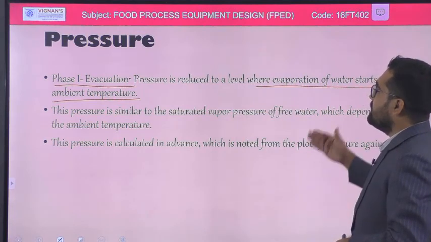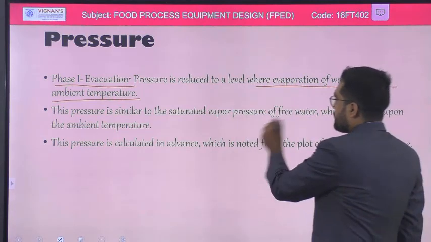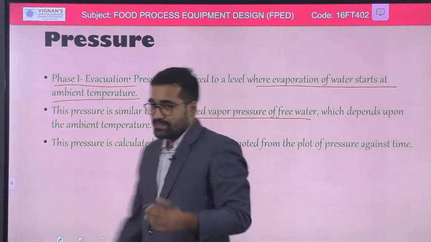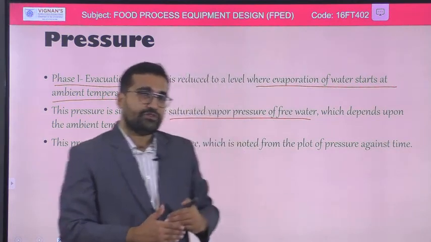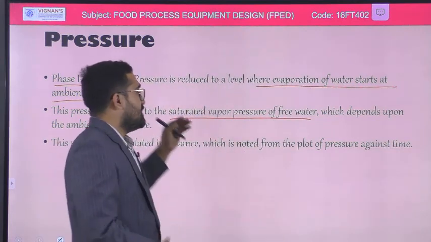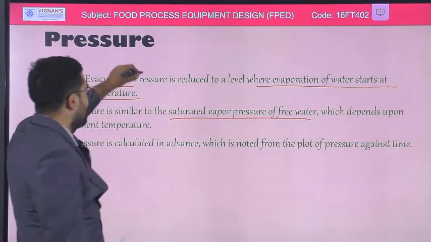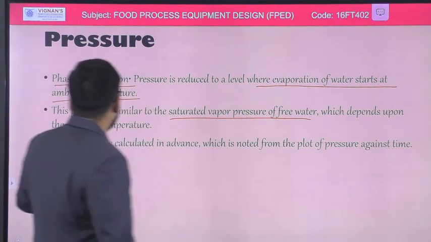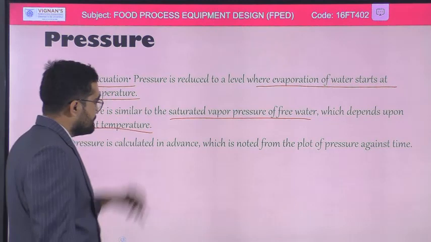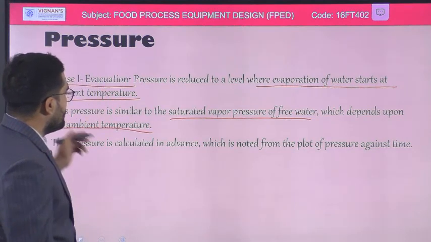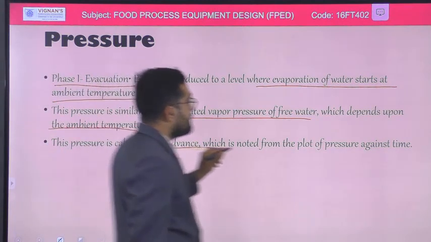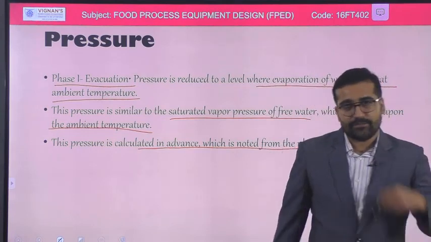This pressure is similar to the saturation vapor pressure of free water. Since the saturation vapor pressure of free water is equal to the pressure we have achieved, which depends upon the ambient temperature, the pressure is calculated in advance, noted, and plotted in the pressure and time curve.